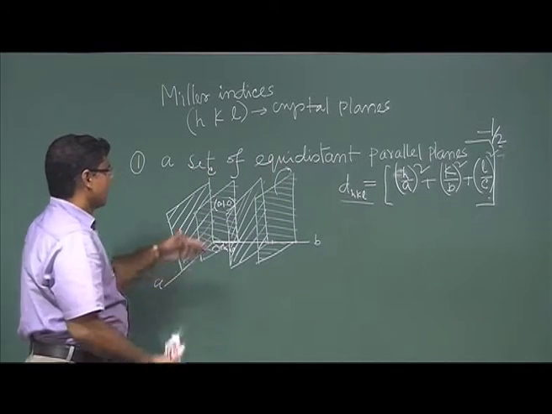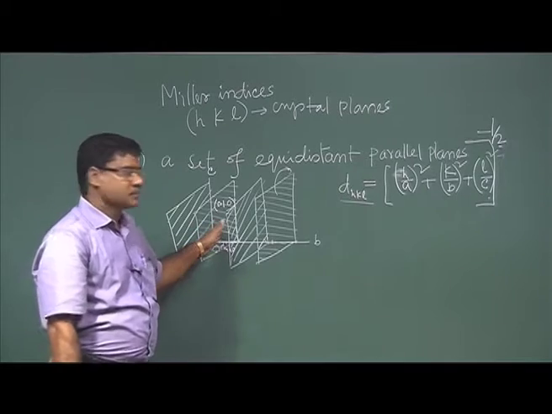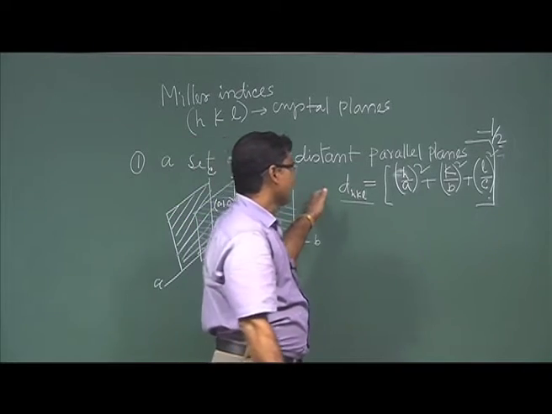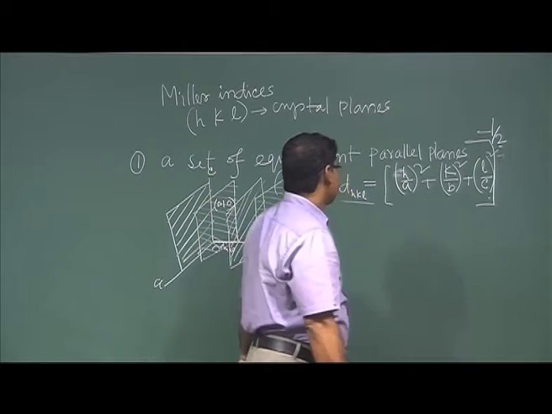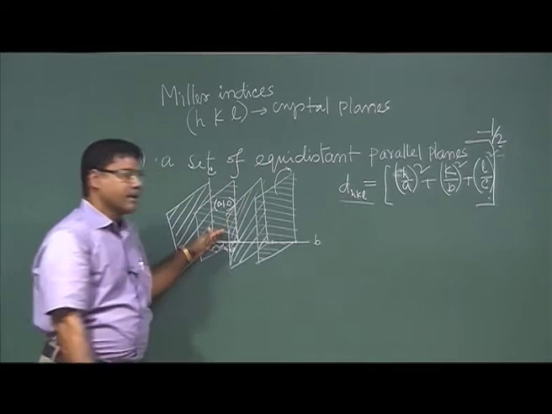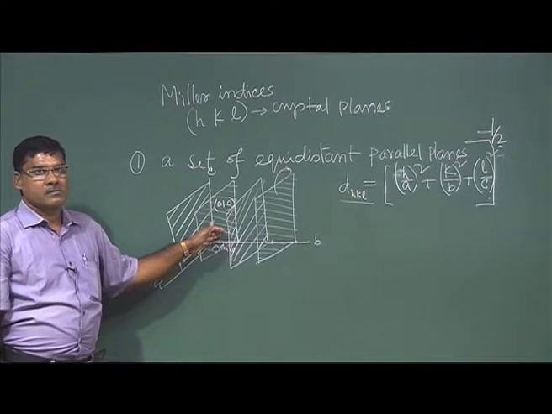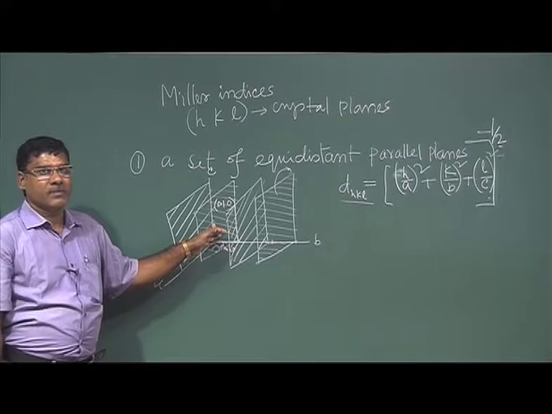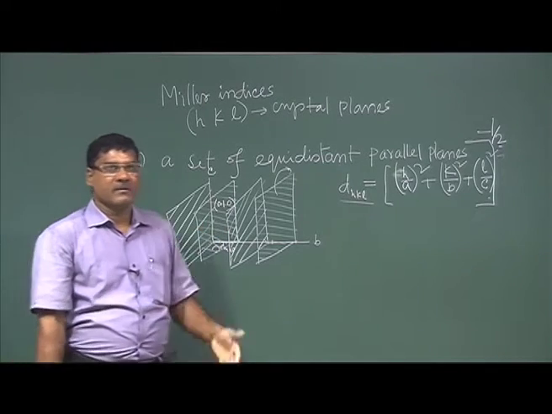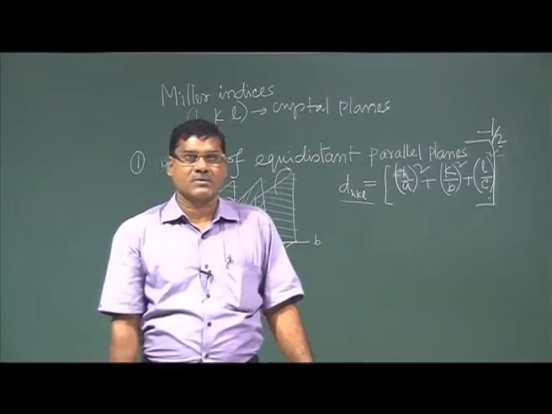So one has to take a normal on this plane from the origin, and any line we draw from the origin has a direction cosine.